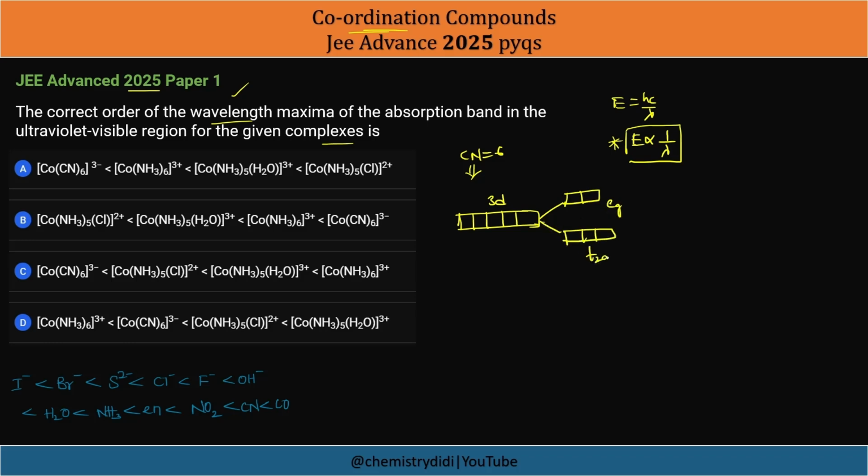Also, one more thing that you need to know: here we will be comparing based on the strength of the ligands. If it is a strong field ligand, then weak field ligand above.